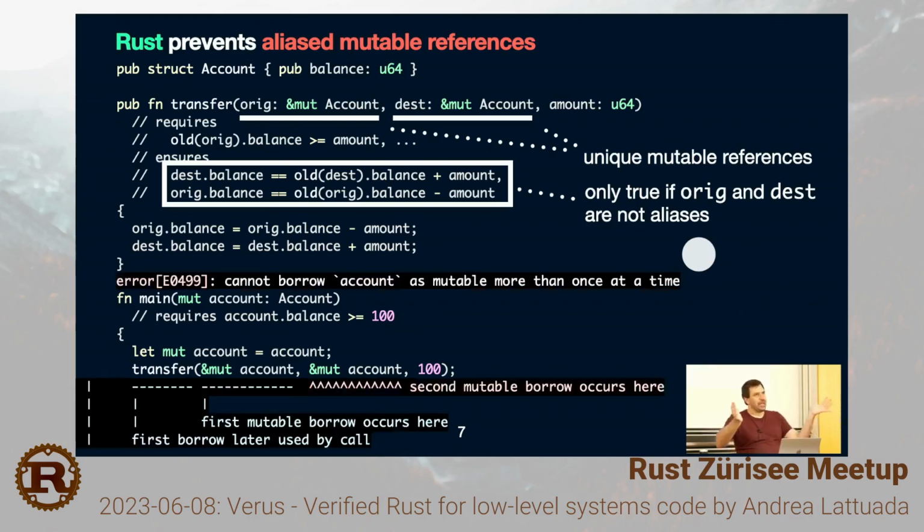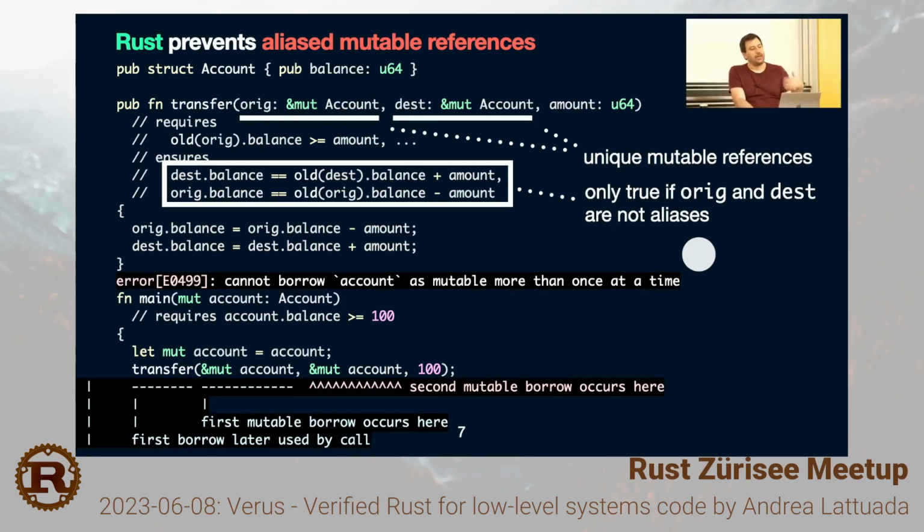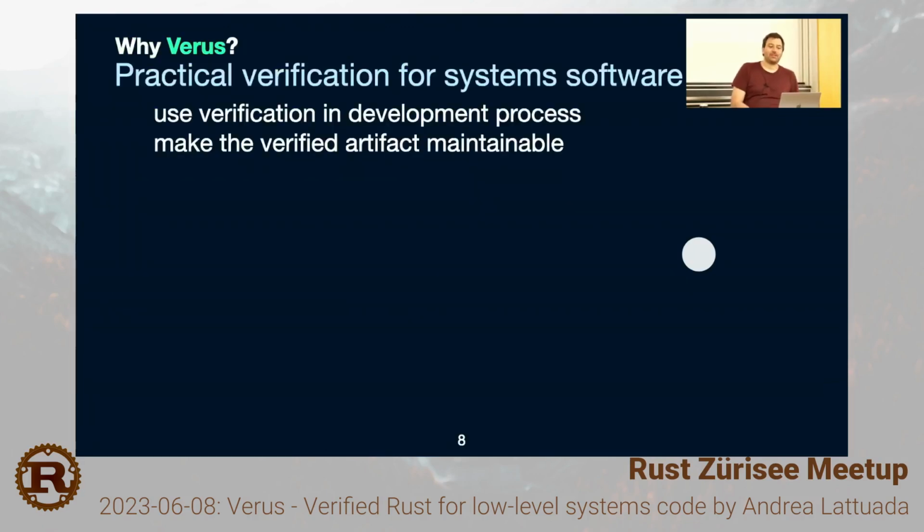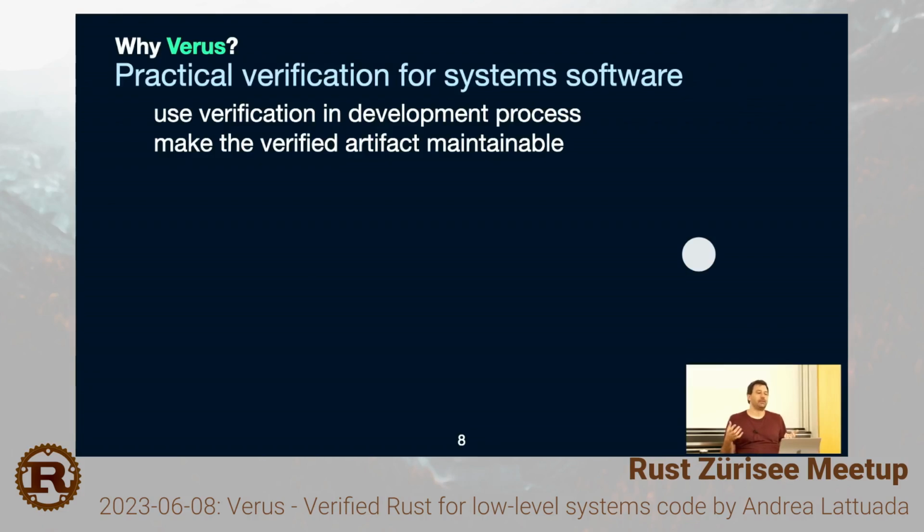So obviously Rust catches this problem, and because it does, we can rely on this to say that the property we wanted to prove is actually true. Cool. Making sense so far? Cool, great. All right, so that's why Rust.